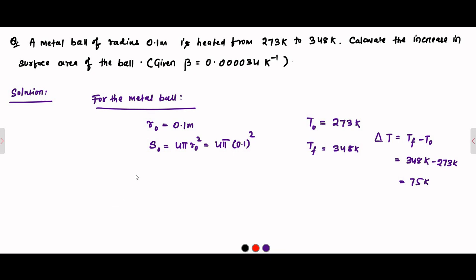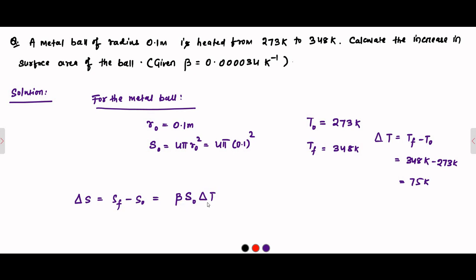Now we know that the increase in surface area delta S, which is equal to the final surface area minus the initial surface area, is equal to beta, the surface expansion coefficient, times S0, the initial surface area, times delta T, which is the increase in temperature.